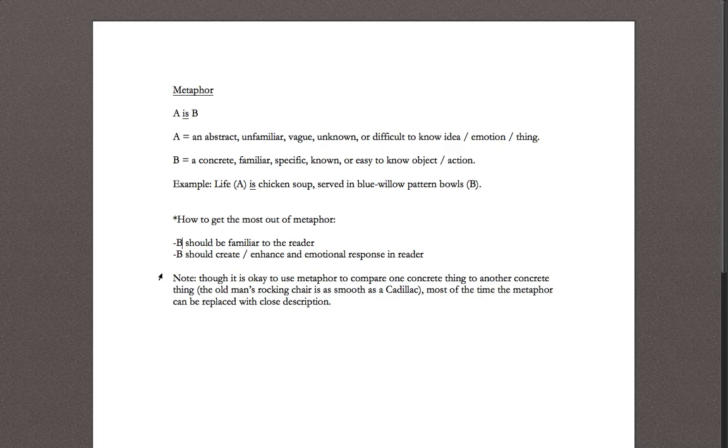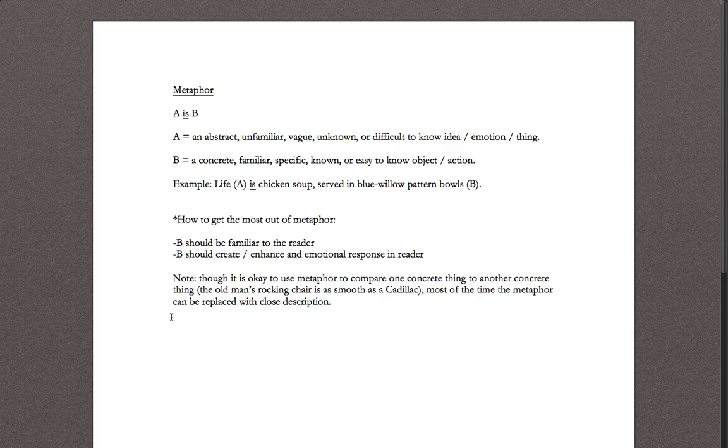So you look up in the dictionary what that word means, and then part of the definition of that word has another word you don't understand, and you have to go look up that word. In that case, it would be the same thing as the B not being familiar or known to the reader. They would be confused. It wouldn't help clarify or explain the A in any way. So that's how you get the most out of metaphor in one case.